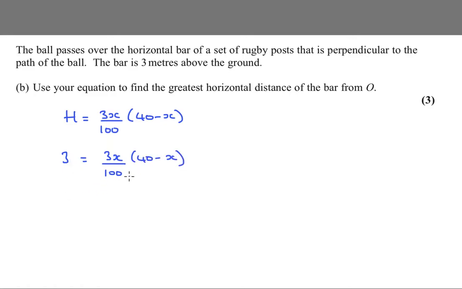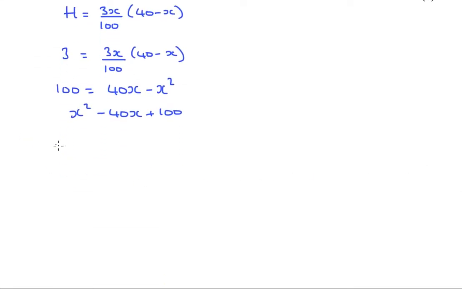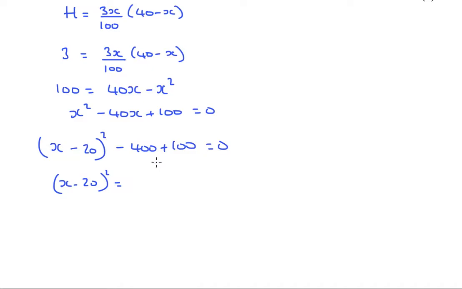So I'm going to times by 100 over 3, that's going to give me 100 equals 40x minus x squared. If I move everything over to the left, that's going to be x squared minus 40x plus 100, and then solve that quadratic. So (x minus 20) squared minus 400 plus 100, so (x minus 20) squared is equal to 300.